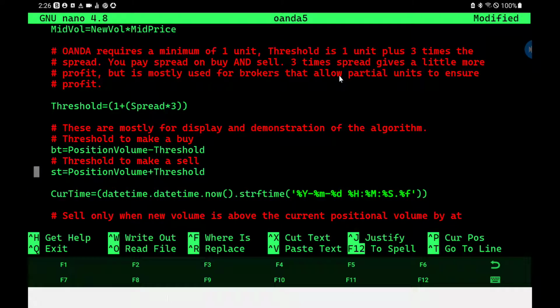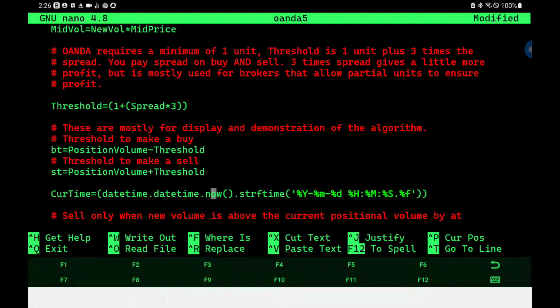Because now, and this of course is just using the date time library, the date time function, and then a subfunction called now.